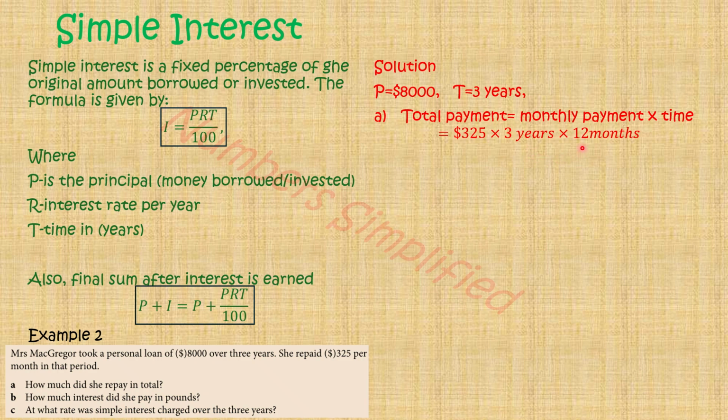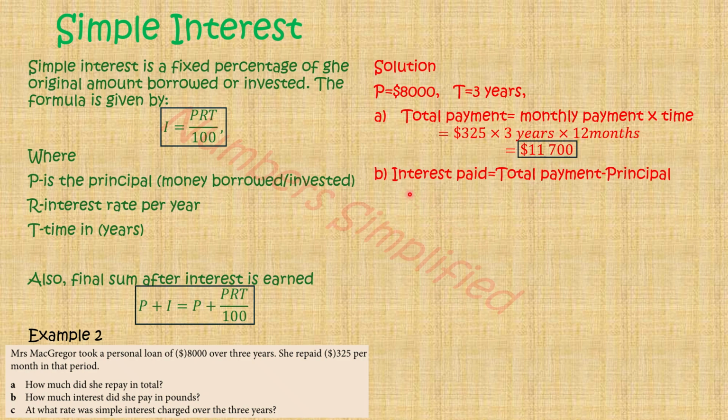Therefore, 1 year has 12 months times the 3 years, so that we multiply with the monthly payment. In the end, we get the answer as $11,700. So that is the amount that will be repaid in total.